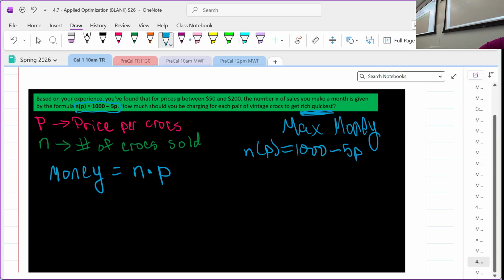They wrote it as N of P equals 1000 minus 5P. N of P is function notation, but we can just strip this away and just call it N. So N equals 1000 minus 5P. So I'm going to make that substitution in place of N.